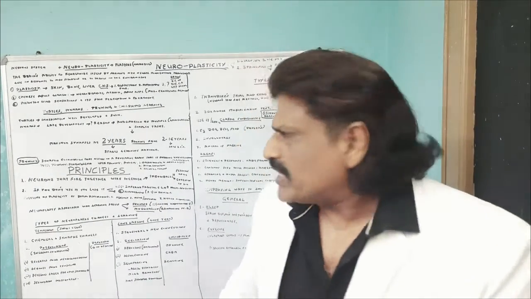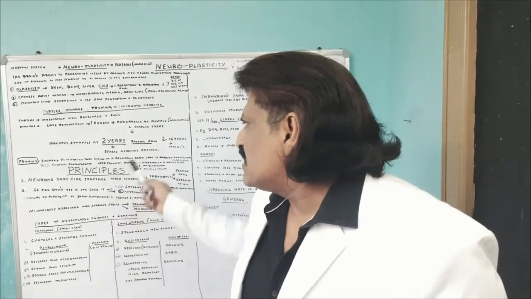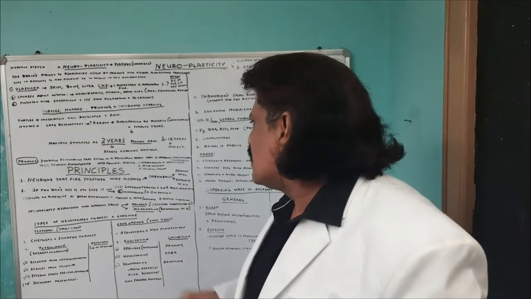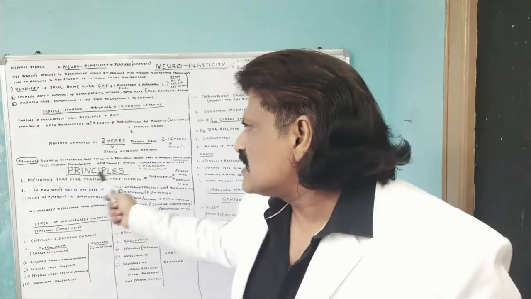So what is pruning? The synaptic elimination that occurs in the developing brain that is shedding unnecessary connections. So at 2 years of age, you have the maximum number of synaptic connections.